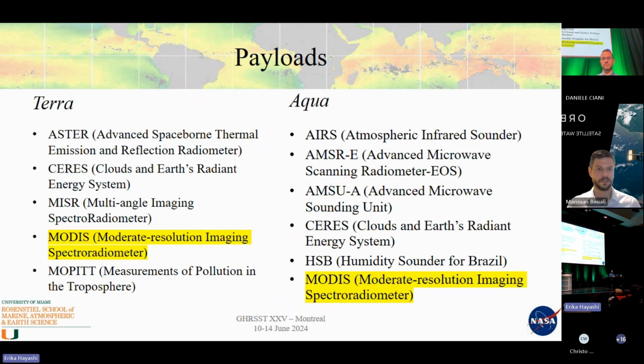Each satellite had multiple sensors on them. Most of them were brand new, never been flown before, including MODIS, the Moderate Resolution Imaging Spectroradiometer, which flew on both satellites and continues to fly today. And as of 3 hours ago, both were in nominal operational status.